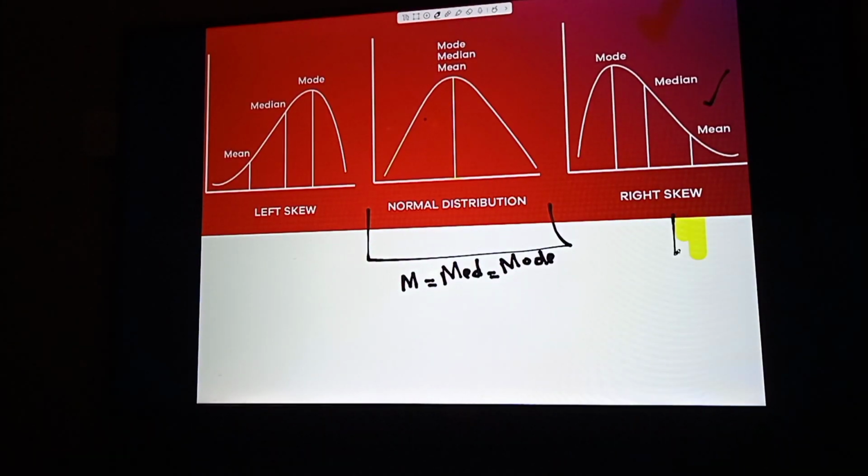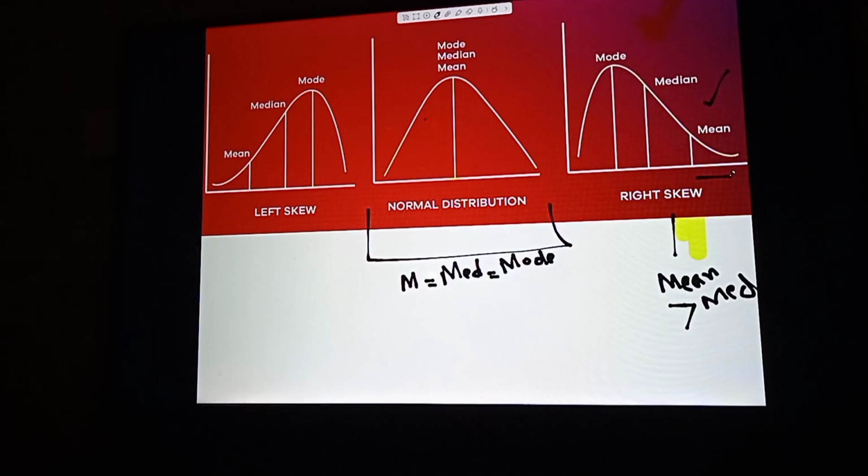When mean is greater than the median, the distribution is called right skewed. Median is in the middle and mode is again at the top. So mean is greater in this case.